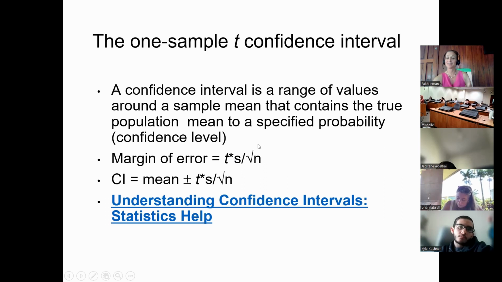Remember, the standard deviation divided by the square root of n is your standard error. So t times standard error is your margin of error, your plus or minus for a 95% confidence interval. So your confidence interval is your mean plus or minus t times standard error.